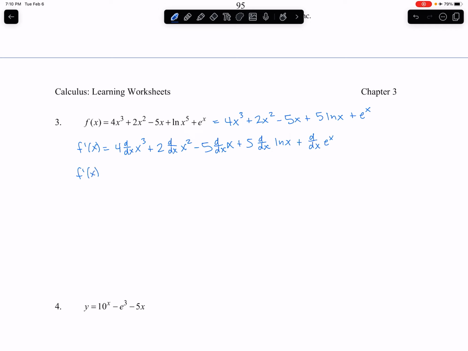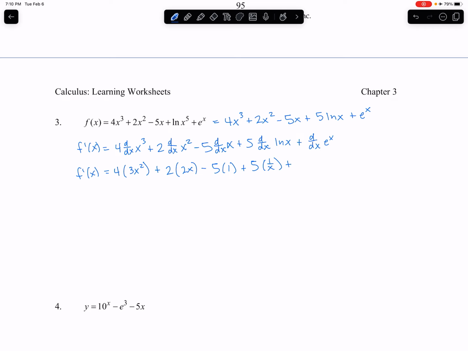So we'll have 4 times, we'll use the power rule for the derivative of x cubed, so 3x squared, plus 2, another power rule, 2x, minus 5, the derivative of x is 1, plus 5, the derivative of natural log of x is 1 over x.